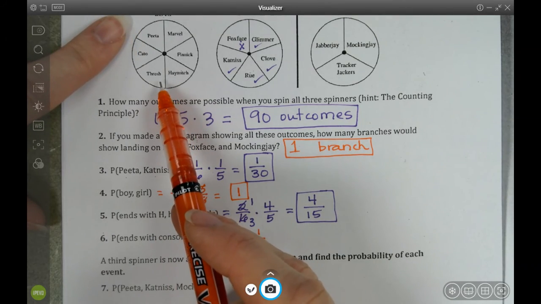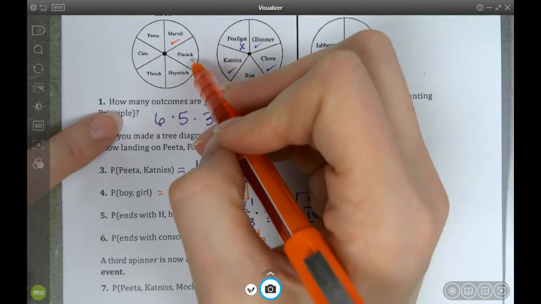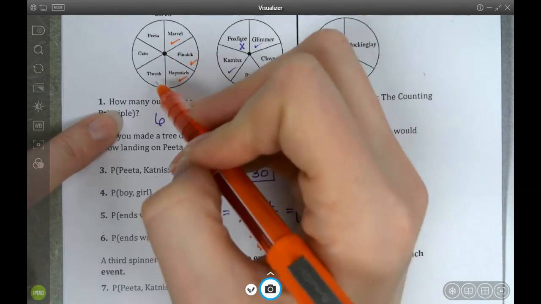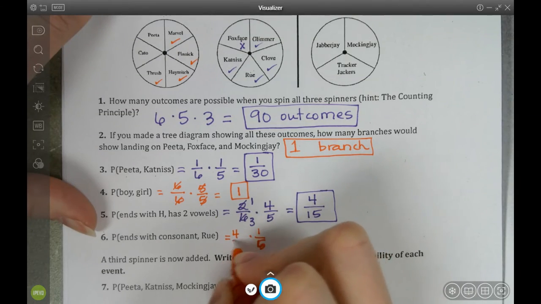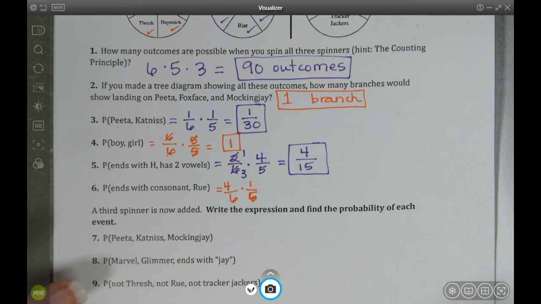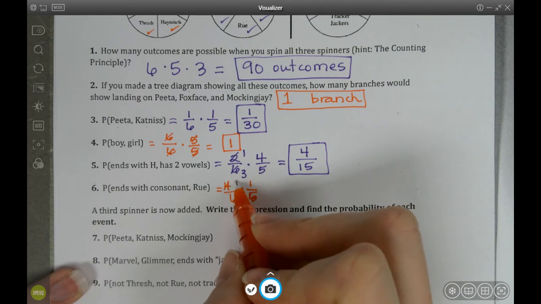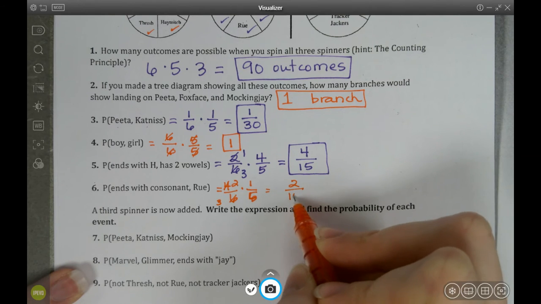Of the boys, how many end with a consonant? 4. Not Peeta, not Cato. So 4 out of 6. Those are both divisible by 2. So 2 over 15.